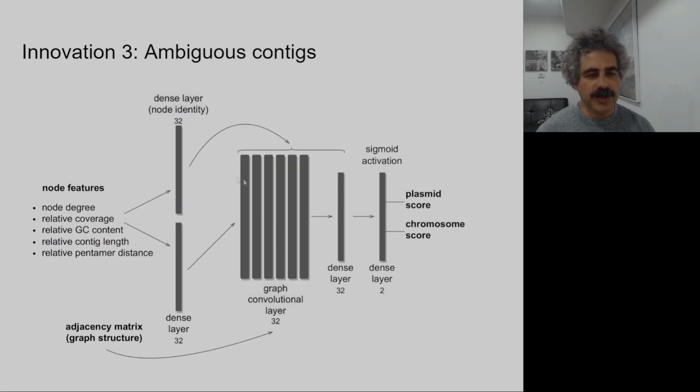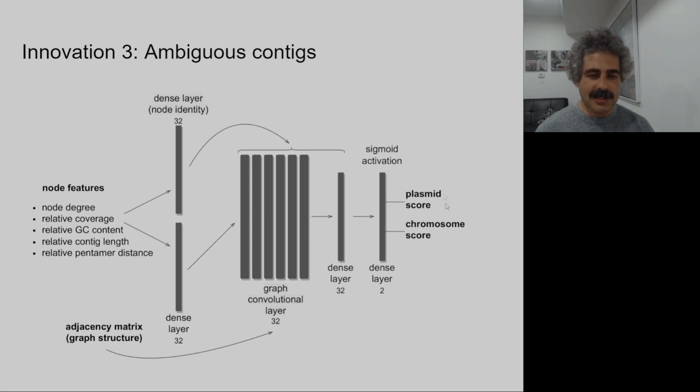The third innovation is our treatment of so-called ambiguous contigs. Those are contigs that are shared between both core genomes and plasmids. On this figure, you can see the overall structure of our neural network, and you can see that we have two different outputs, one corresponding to plasmid score, one corresponding to chromosome score.